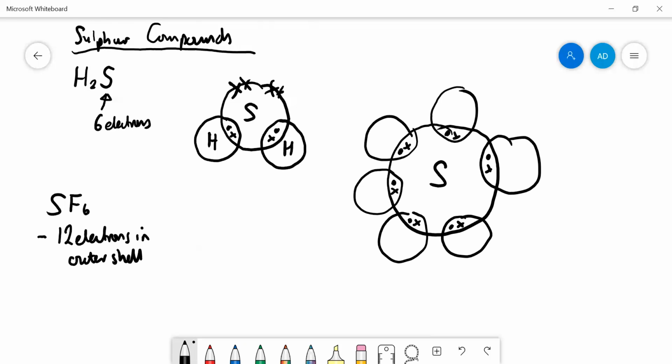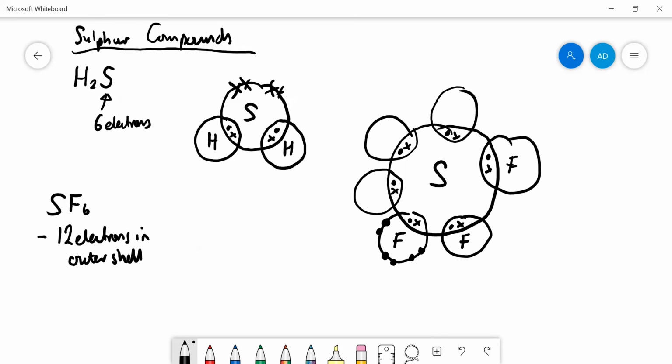Sulfur hexafluoride, and all these are F. Now, I'm not going to draw the electrons for every single F because I'll be there all day, but fluorine is in group 7. I've only drawn 1, so I need to draw 6 more, so it would have 3 lone pairs there, and every other fluorine is going to be the same as that. So that would be the electronic structure of SF6.